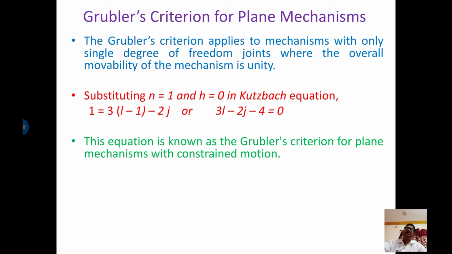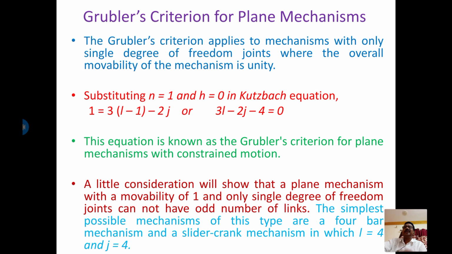This is called Grubler's criterion for the plane mechanism with constrained motion when h is 0 and n is 1: 3L minus 2j minus 4 is 0. Now for a plane mechanism with mobility 1 and single degree of freedom joints, it cannot have an odd number of links.